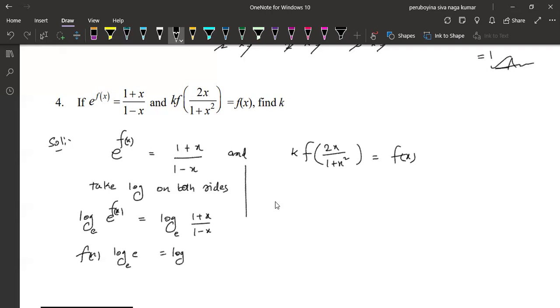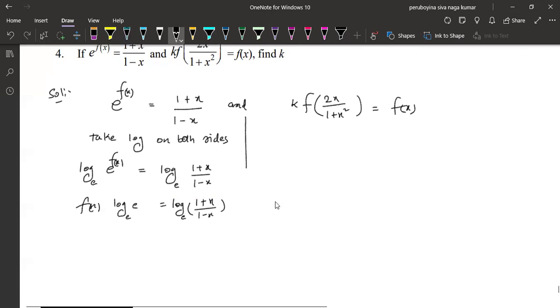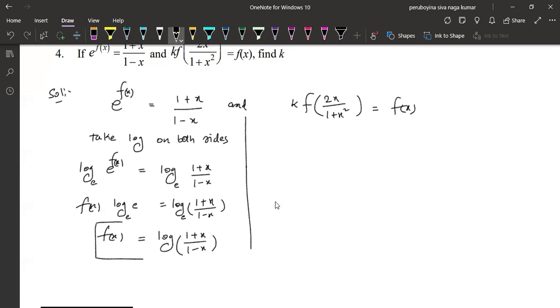Log e base c is 1, and there is no need of writing logarithm base c every time. So therefore, we have the definition: f of x is equal to log of 1 plus x by 1 minus x.